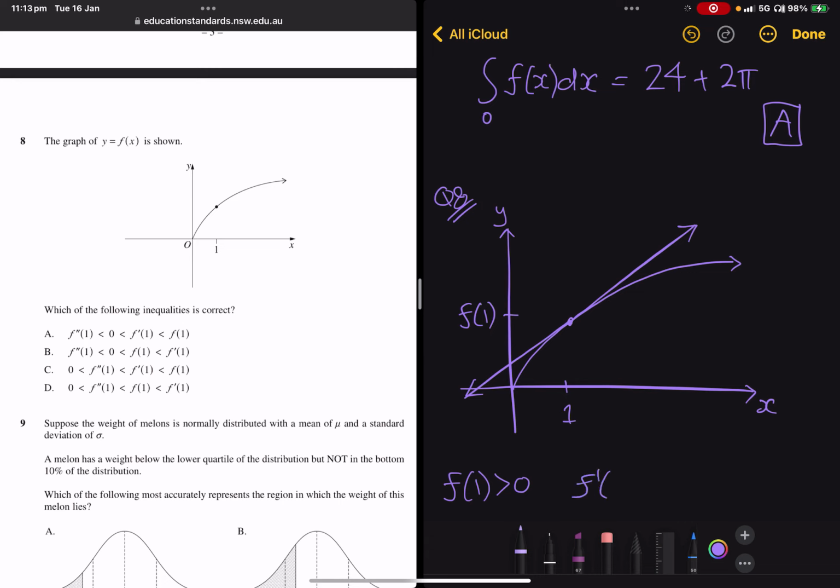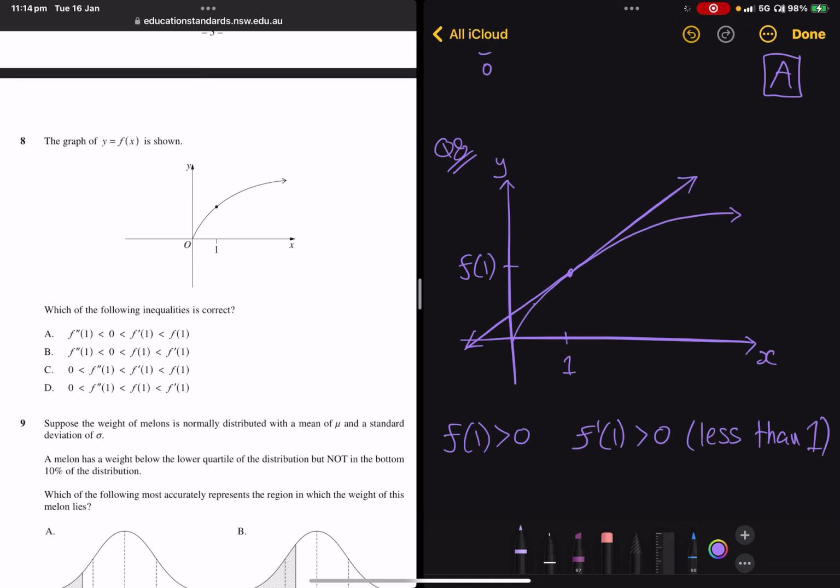So f prime of 1 is definitely greater than 0, but it looks slightly flatter than a diagonal. And so this means that it is likely to be less than 1. Or it could be equal to 1, but it's reasonably close.